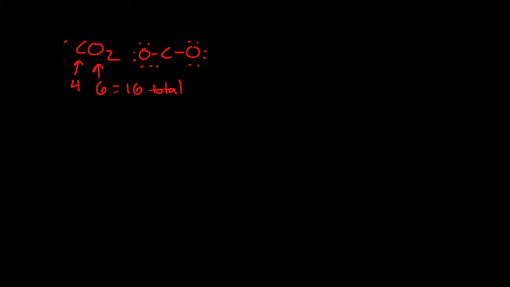Now we need to check, does everything that wants an octet have an octet? It does not. 2 of them do. Notice the oxygens each have an octet, but the carbon is not happy with us. The carbon only has 4 electrons. So what we're going to do is we are going to move lone pairs around to try and give that carbon an octet.